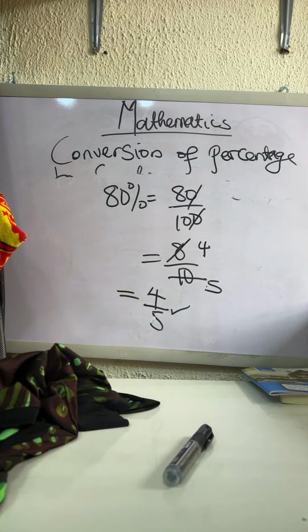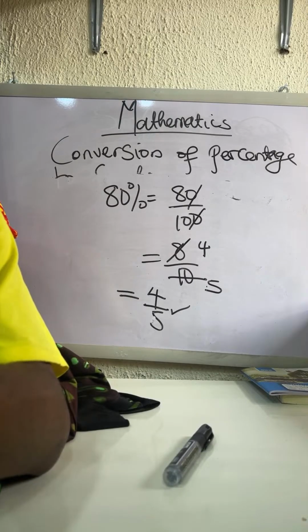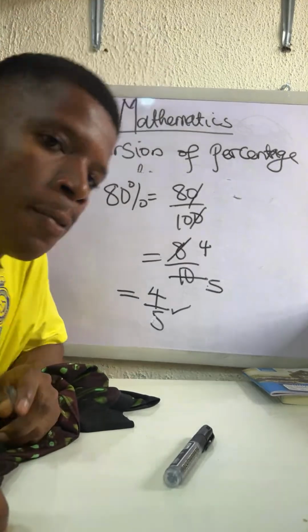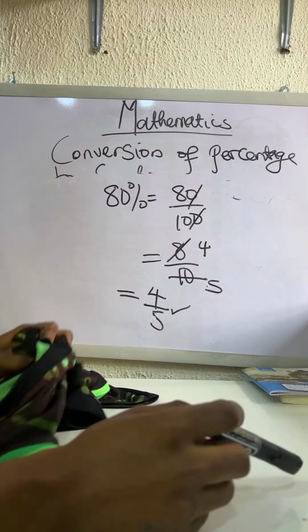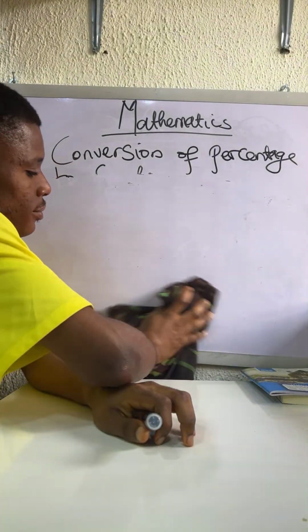So it is very easy to do. All you need to do is convert it to a fraction. After the conversion, you have to reduce it to the lowest term. Okay, let's move on.